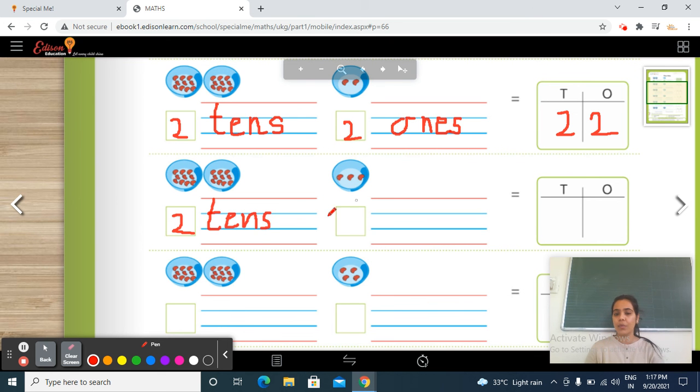One, two, three. So there are three ones. So we will say two tens, three ones. See, I am writing it in between these blue lines. You also have to write in the same way, in between the blue lines. Two tens, three ones.